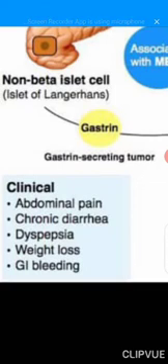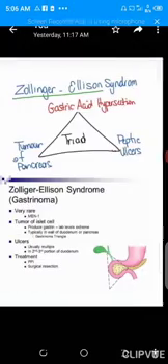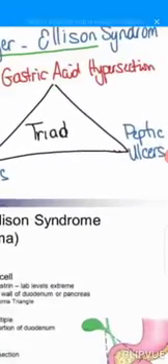The person may have what is called malabsorption syndrome. Then the person will have weight loss. Why? Because the person is not really absorbing a lot of food. Then the person will bleed because of the ulcer. Now, the general name for a general feeling of unwellness that has to do with the GIT is what we call dyspepsia. So those are the symptoms of Zollinger-Ellison syndrome.